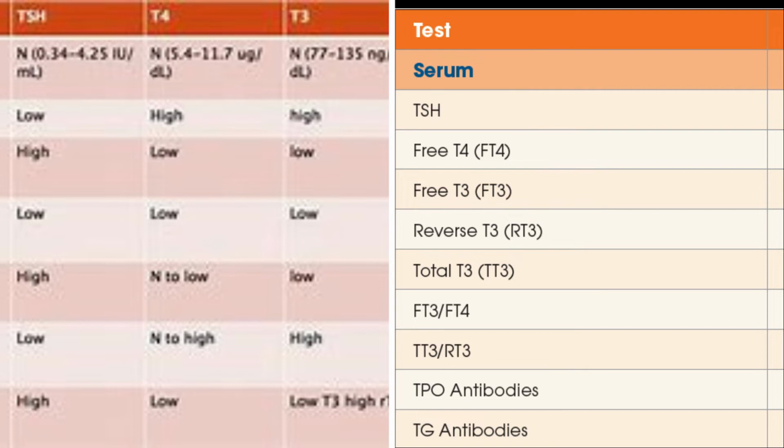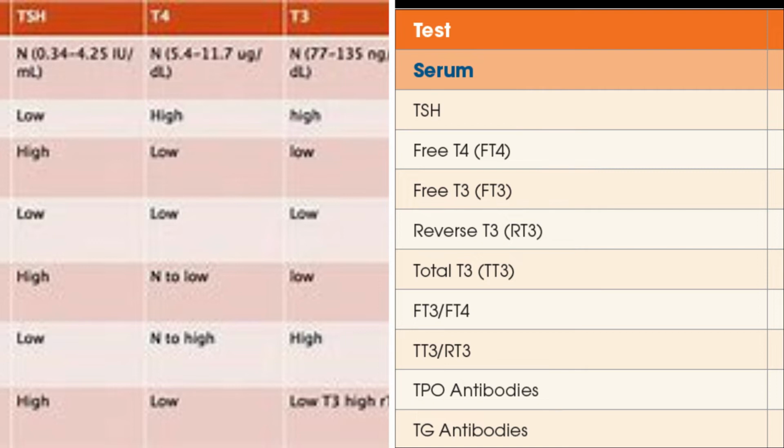Let us talk about the laboratory diagnostic tests that are done for both of these conditions. In the laboratory, the thyroid function panel is usually done to diagnose both hypothyroidism and hyperthyroidism.